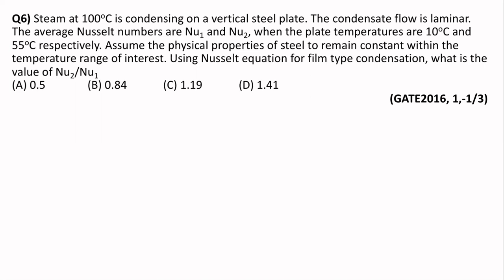Average Nusselt numbers are Nu1 and Nu2 when the plate temperatures are 10 and 55 degrees Celsius respectively. Assume the physical properties of steel to remain constant within the temperature range of interest. Using Nusselt equation for film type condensation, what is the ratio of Nusselt number in the second case to the Nusselt number in the first case?